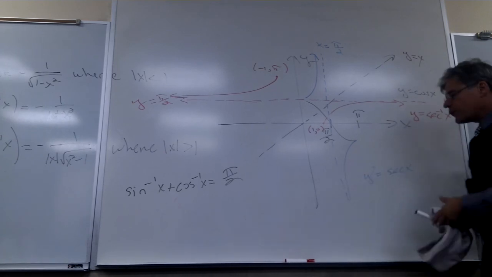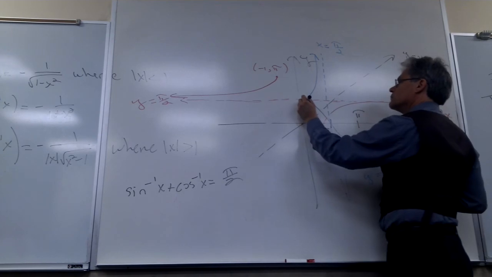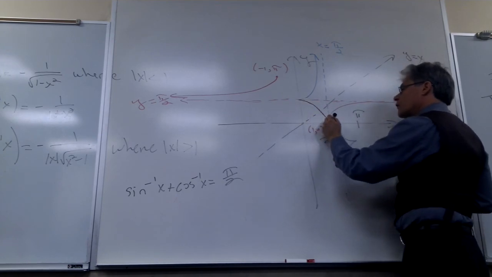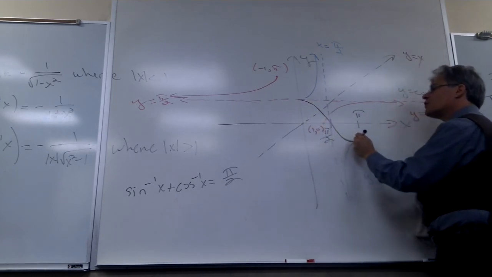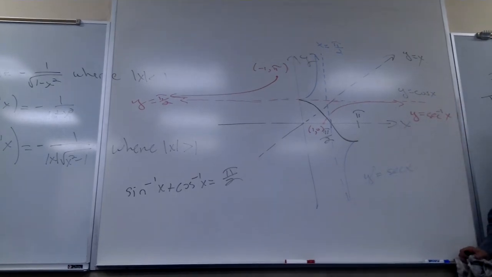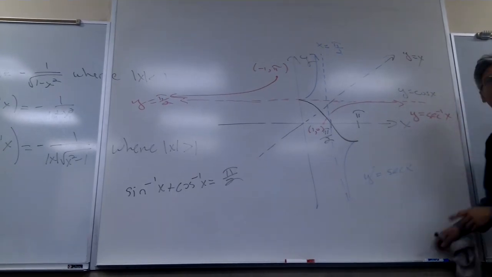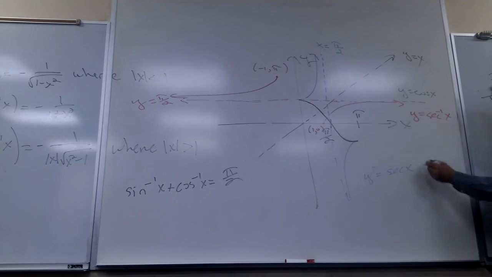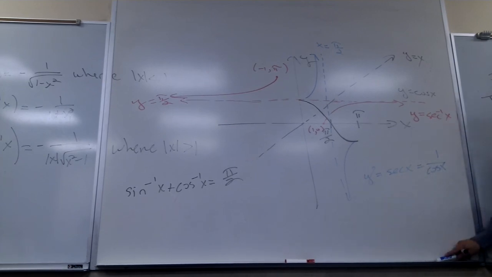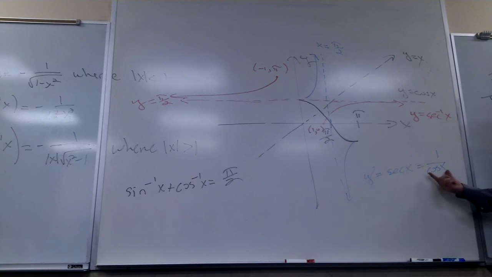Gotcha. First, before I do that, could you go back to black? I know I don't draw very well, but what I have in black is a restriction of the cosine from 0 to pi. When it comes to blue, check this out. This blue is interpreted using reciprocal identities in trigonometry. So to graph the blue, I would just take the y values on the cosine function in black and reciprocate them.